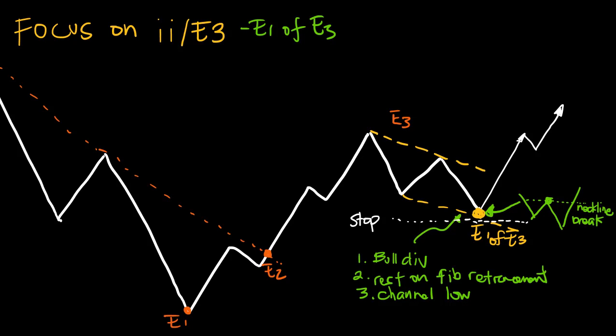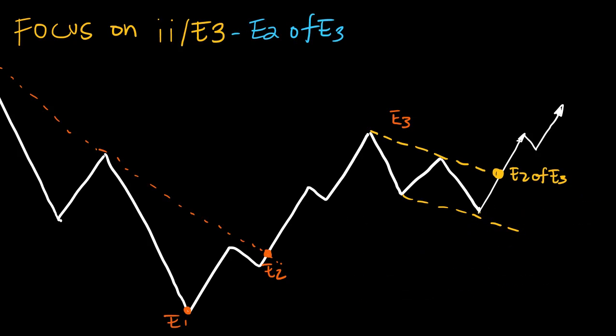It also helps in our analysis if the E1 of E3 rests directly above the channel bounded by the erosion. In trading language, this simply means a healthy pullback or a retest of the breakout line.